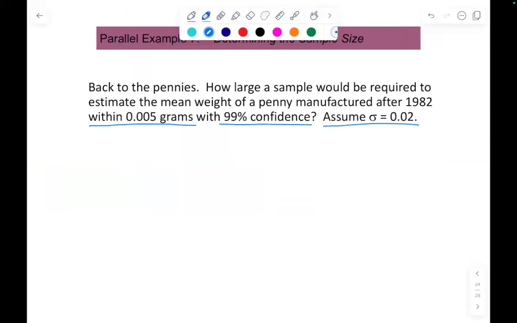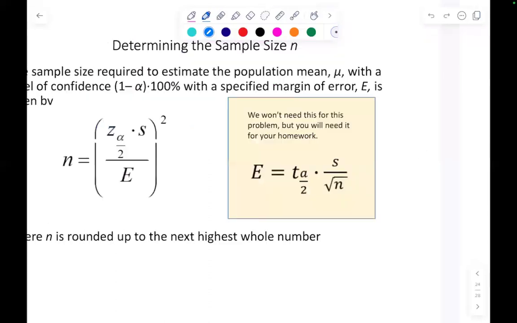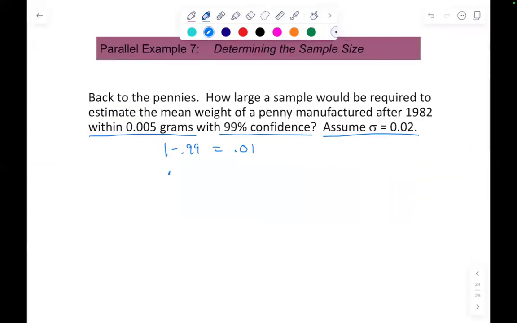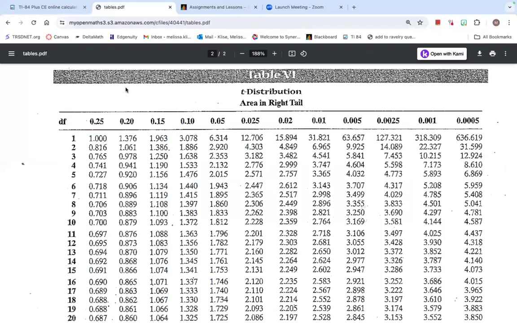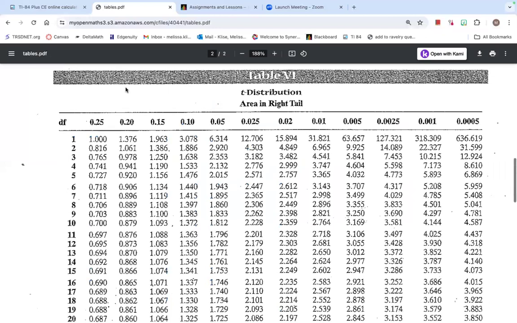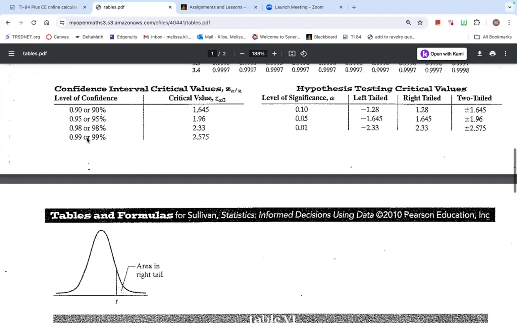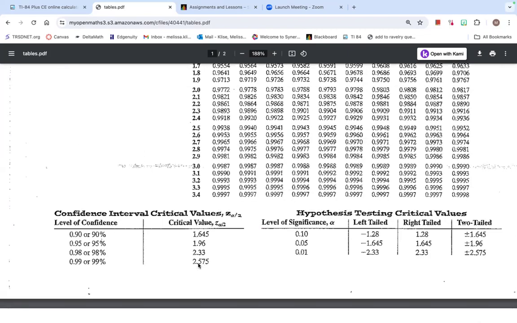So I need to get my z-score for my 99% confidence interval. So remember, 1 minus 0.99 is 0.01. 0.01 divided by 2 is 0.005. All right. So this is what we're going to use for our critical value, or we can just use our table right here because I have that critical value at the bottom of my Z table. 99% confidence interval, 2.575.